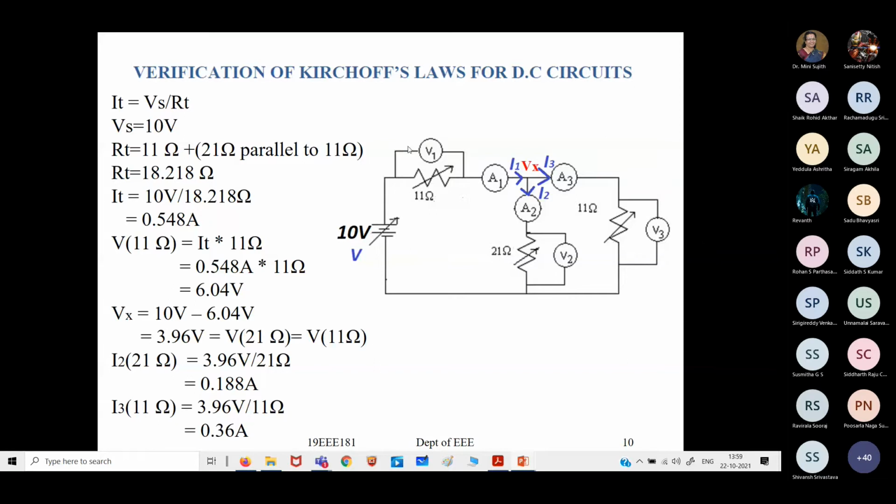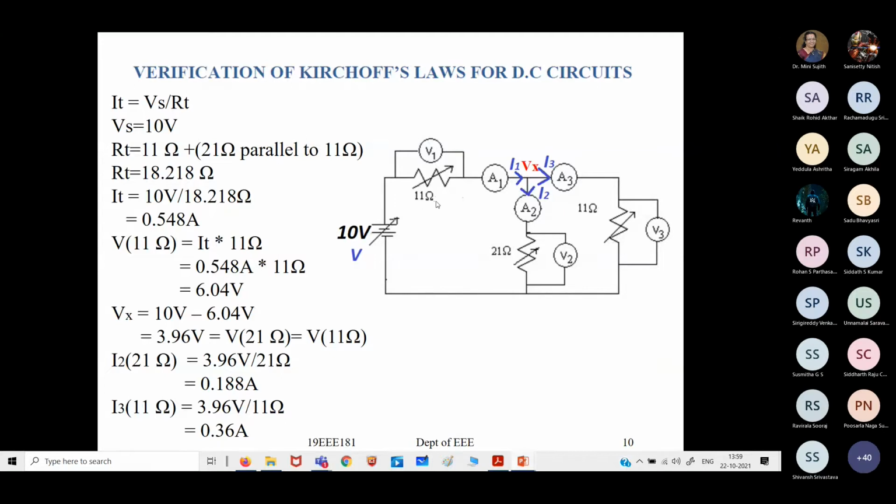It is flowing through 11 ohms. So what will be the drop across 11 ohms? It will be I1 into 11. So I1 into 11 means 0.548 or 0.55 into 11. It's around 6 volts.